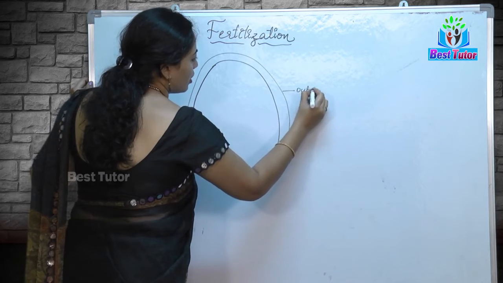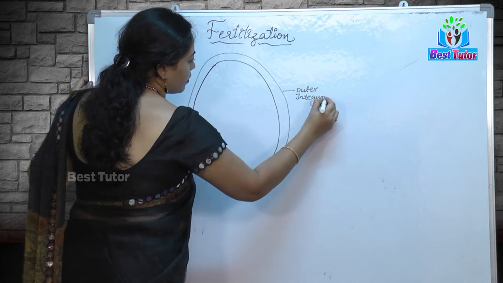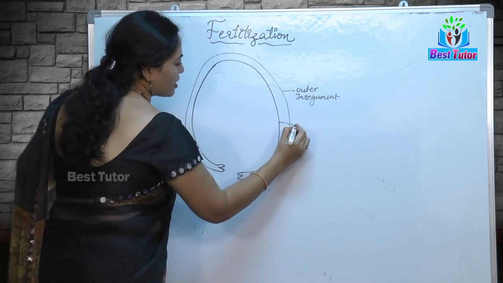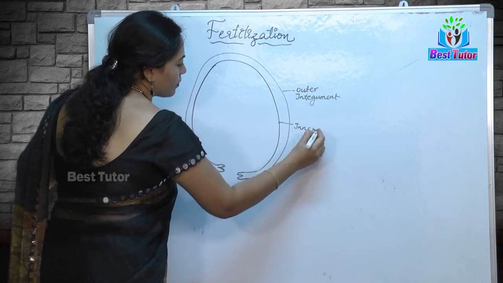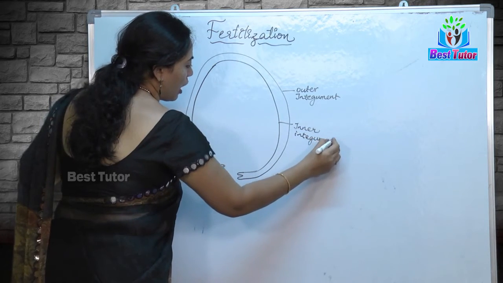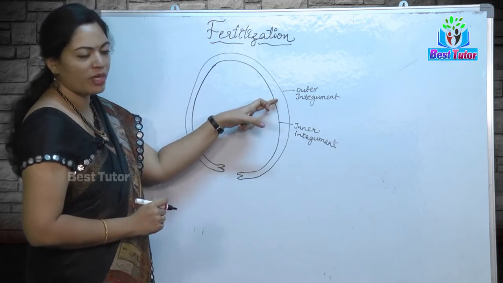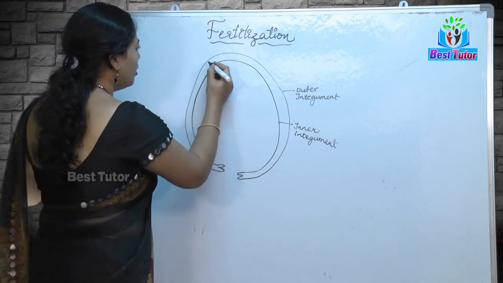This is the outer integument, and this is known as the inner integument. The outer coverings of the ovule are known as integuments: outer integument and inner integument.